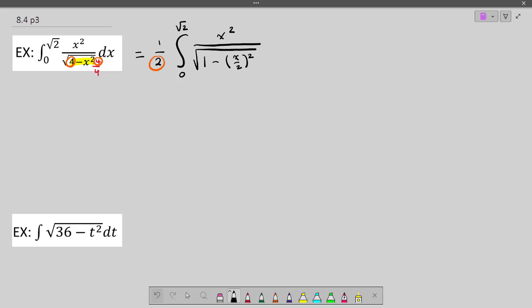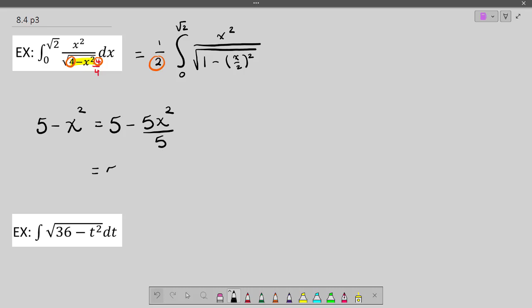What if, say, the 4 was a 5, what if it wasn't a perfect square? If it's not a perfect square, any idea what this denominator would be? So let's take a look. So let's suppose we had 5 minus x squared. Okay, we say, yeah, we want to factor out the 5 for whatever reason. So we're first going to say, okay, well, let's just use our magic bullet and multiply by 1.